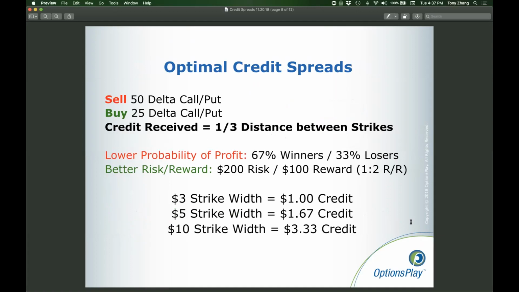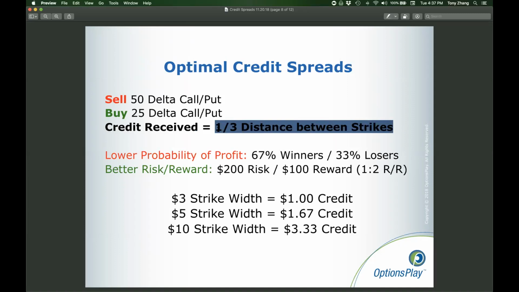We see that the optimal credit spread to trade is selling the 50 delta call or put, meaning the short leg is basically selling an at-the-money call or a put. And then what you're buying back is roughly a 25 delta call or a put against that to help you cap that risk. And what you're generally going to see is that the credit that you receive on that credit spread is roughly going to be about a third of the distance between those two strikes.